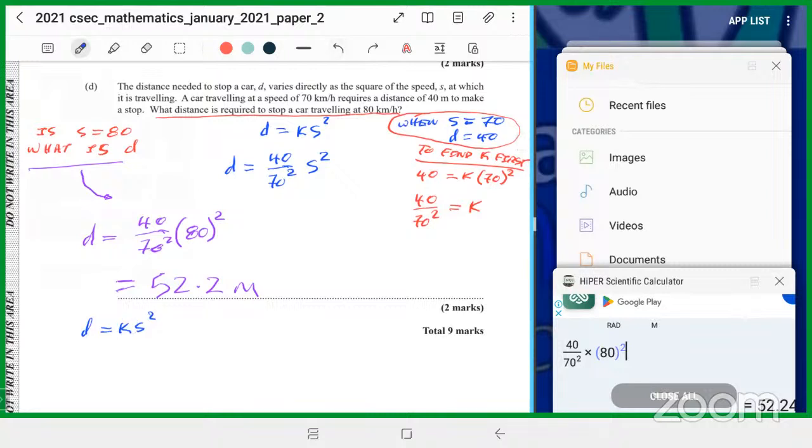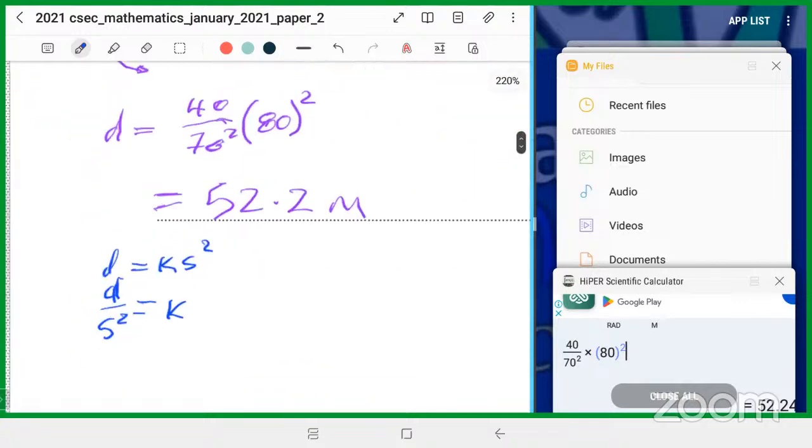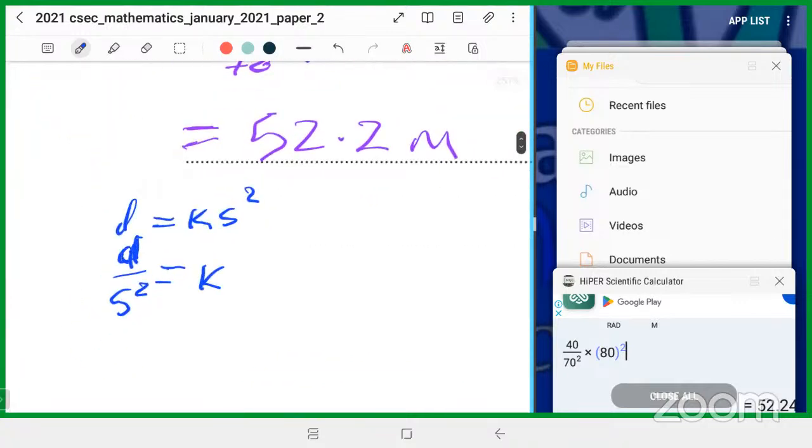So k is equal to D over s squared. You know what that means? It means that D over s squared is a constant. The D over s squared for any pair is the same. That's what it means. D over s squared is a constant.